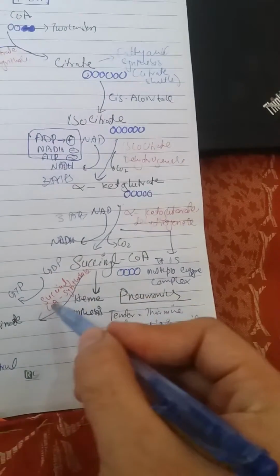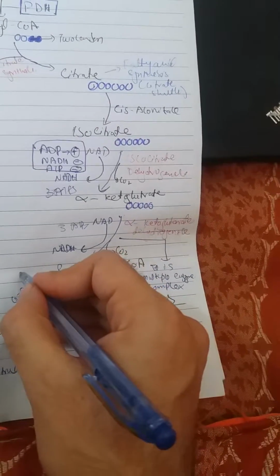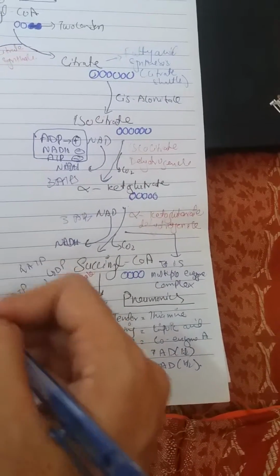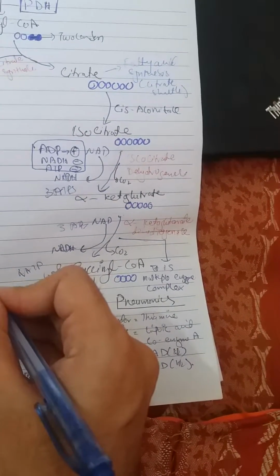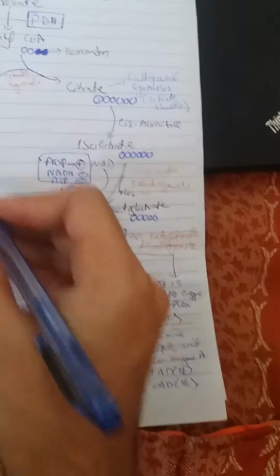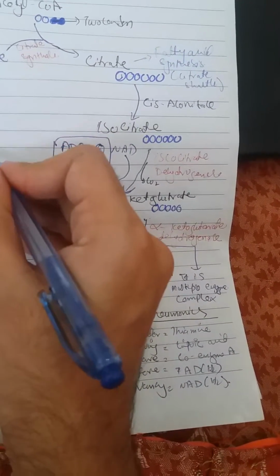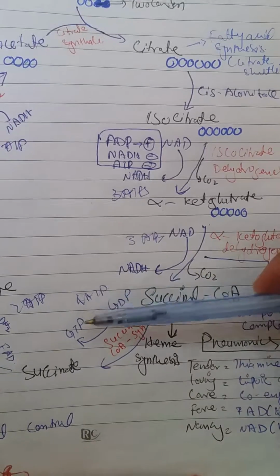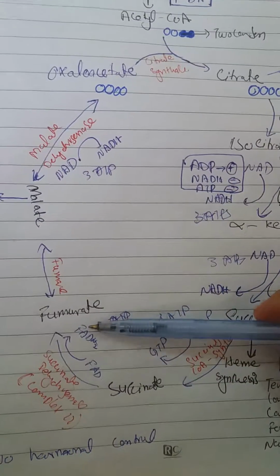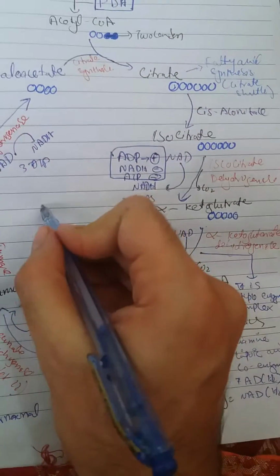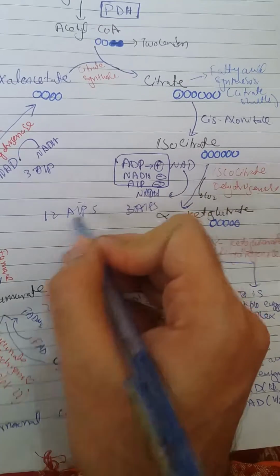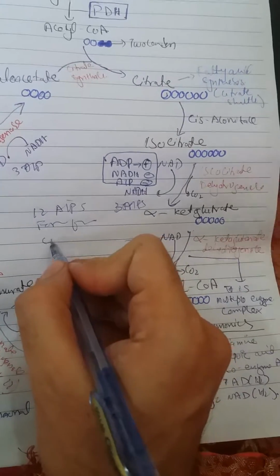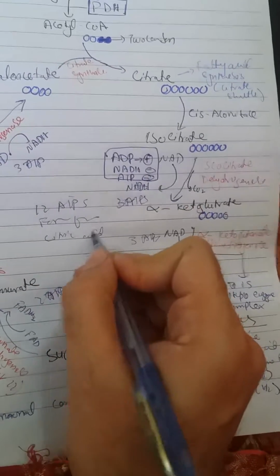When GDP is converted into GTP, we gain only 1 ATP. When FAD is converted to FADH2, we form 2 ATPs. And here again 3 ATP. So in total we have 3, 6, 7, 9 and 12. So 12 ATPs are formed from the citric acid cycle.